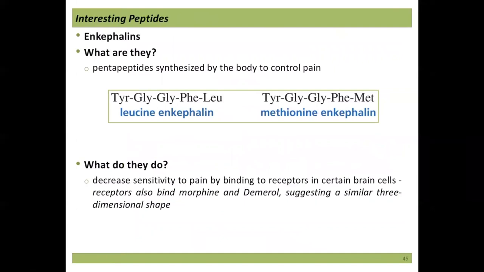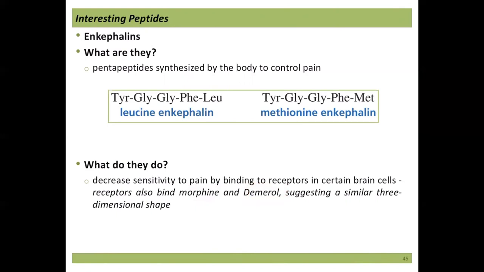Okay, so there's some other interesting peptides, enkephalins. These are pentapeptides. So these are actually synthesized by the body to control pain, often referred to as our endogenous endorphins. So these bind to natural painkillers. Just happens that synthetic molecules like morphine and Demerol also bind to these receptors as well.